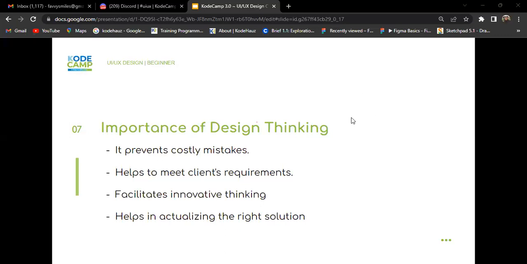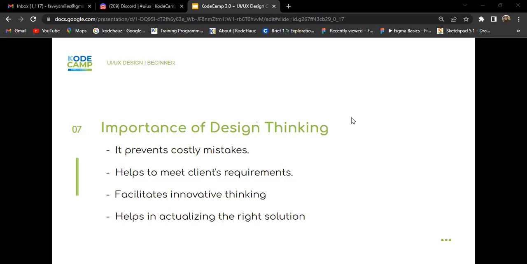So I'm just going to go ahead. Importance of design thinking, I said it prevents costly mistakes. I already explained this. When you're still in the development phase and you get to find out a lot about your users, you get to come up with better ideas. It will help you to prevent a lot.